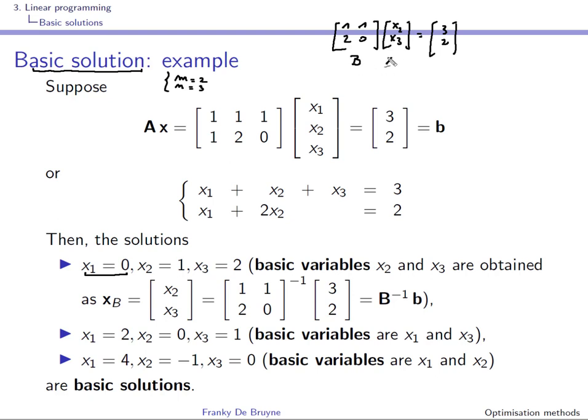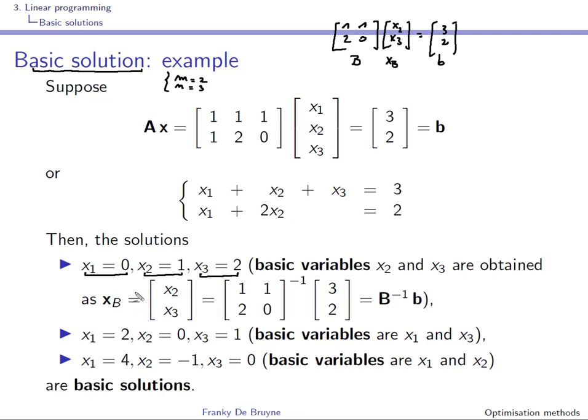This is x, and this is b, right? You can see here that if you set x1 to 0, the second equation will lead to x2 equal to 1, and if you plug x2 equal to 1 in the first equation, you obtain x3 equal to 2, right?